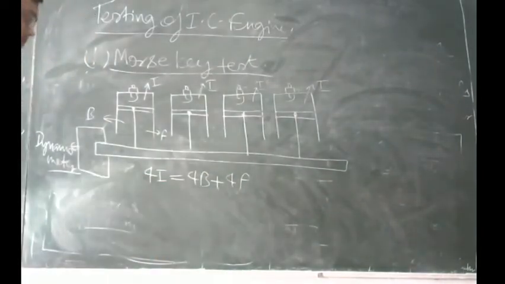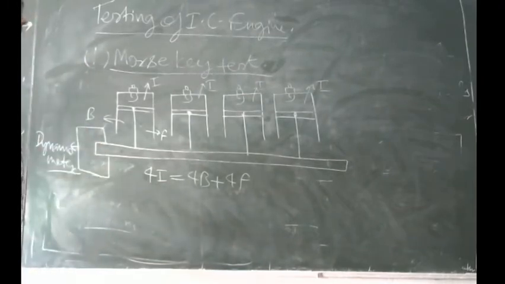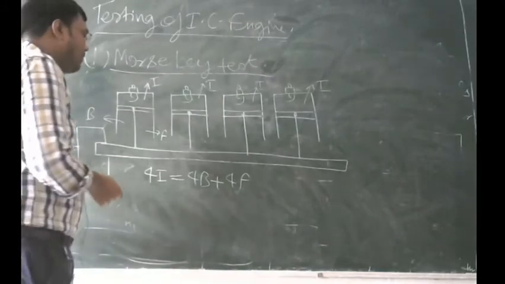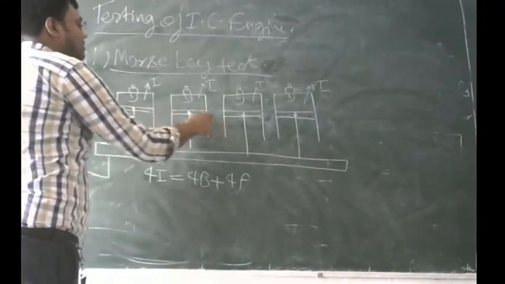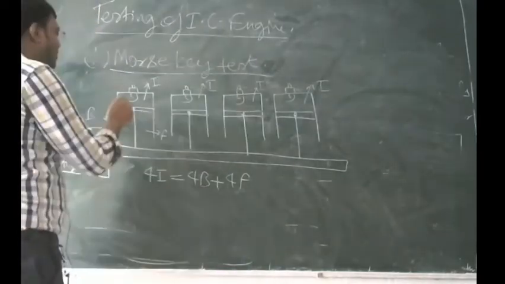Now what we need to do? When we start the test, we are getting the power from all the four cylinders. What we do is stop the sparking of the first cylinder.